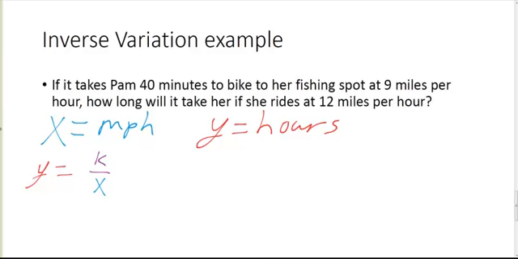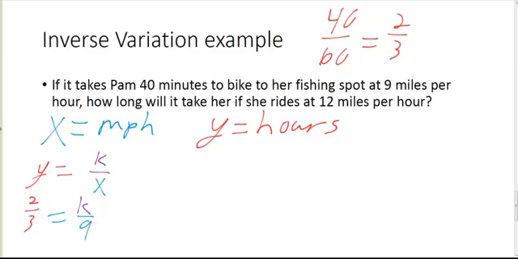I'll write it up here. We'll have 40 over 60 equals 2/3. So we have 2/3 hours equal our k over 9 miles per hour. Then we multiply both sides by 9.